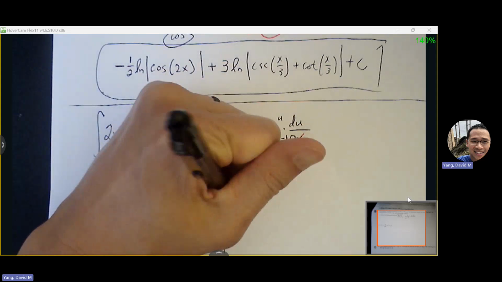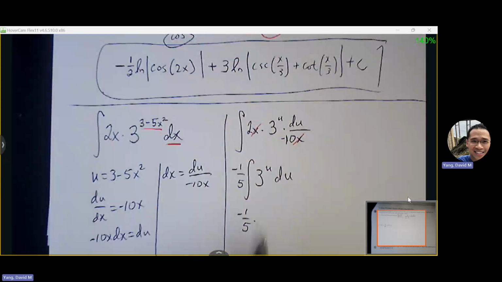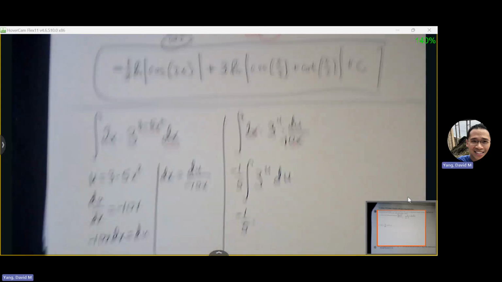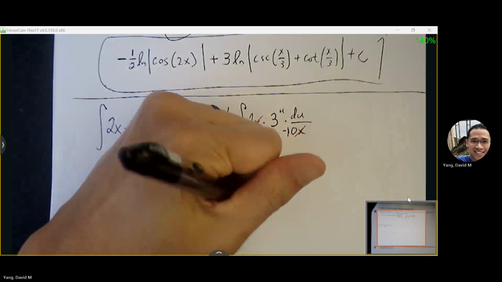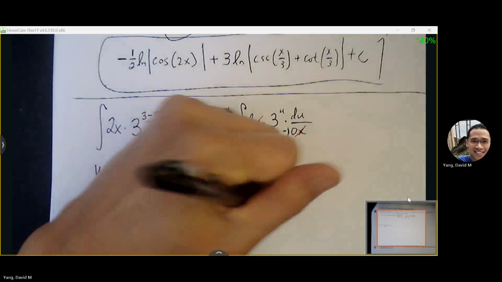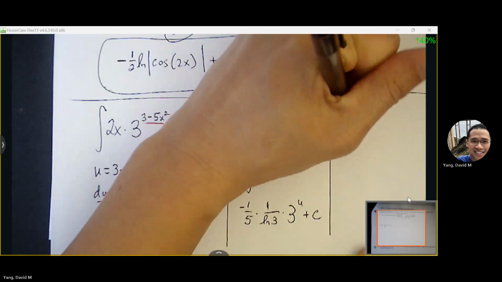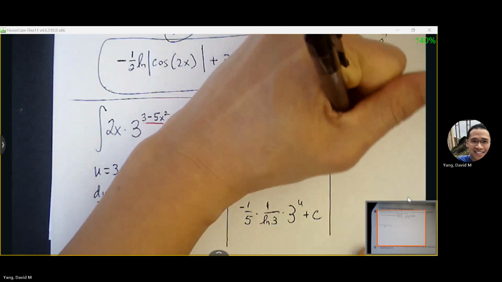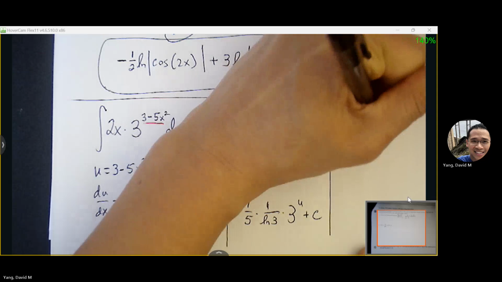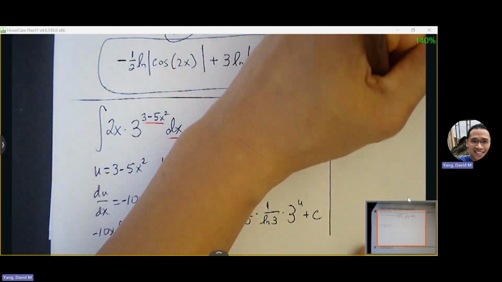So you can't merge them together. -1/5. And then the integral of a to the u is 1 over natural log of a times a to the u plus c. And then replace the u back in terms of x.